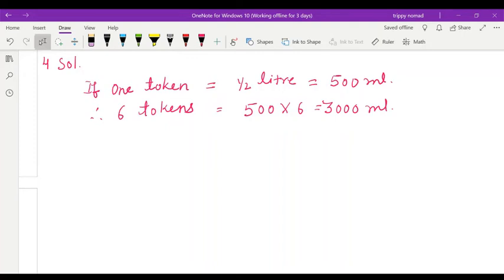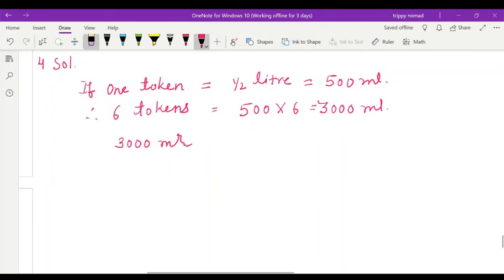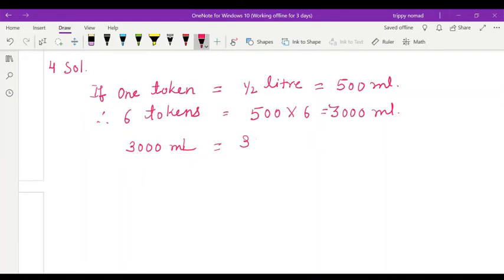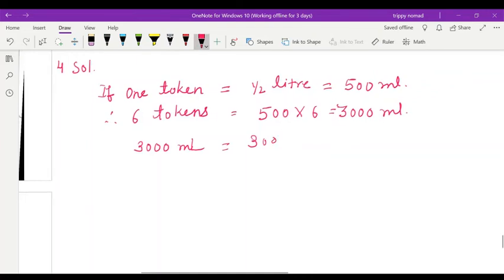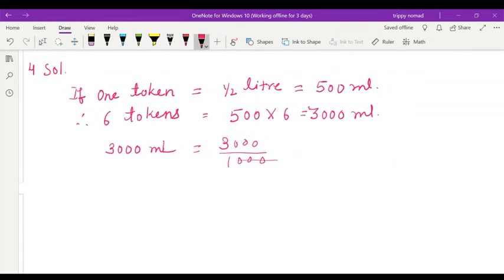But if the answer is going to come more than 1000 milliliter, that means you have to convert into liters. 3000 milliliter is equal to 3000 divided by 1000, zeros cut, that is 3 liter.